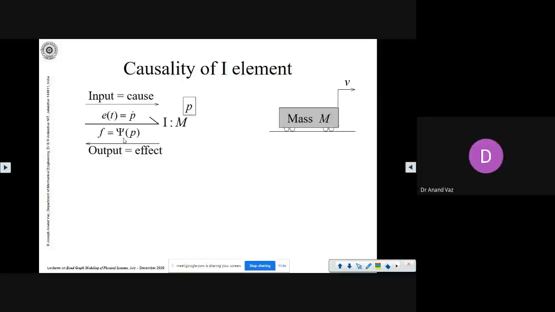So this is the idea of cause and effect, that both the effort and the flow cannot be decided by the same subsystem. So for the I element, you are applying the 10 Newton force on the mass, and the mass is producing the flow. This is the normal understandable causality of the I element. Let us proceed further towards the next slide.